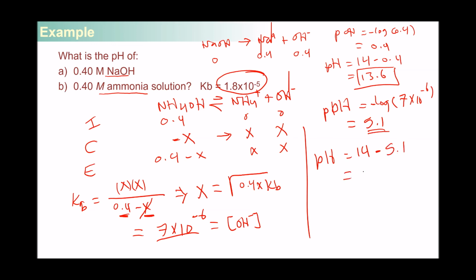So it's actually 8.9. See how weak your solution is. You compare the pH of that solution with the sodium hydroxide solution pH, which is significantly higher, which means it's significantly more alkaline.